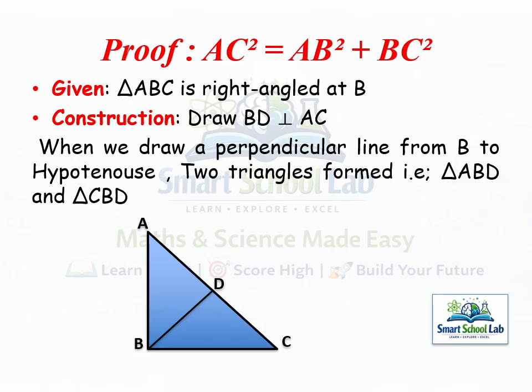Proof. Here we have to prove that AC square is equal to AB square plus BC square. Given: triangle ABC is a right angle triangle, with the right angle marked at the point B. Construction: observe the construction.